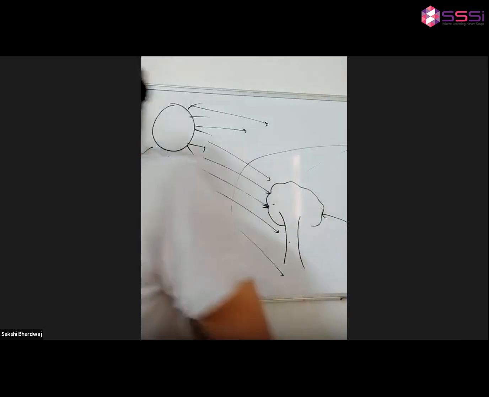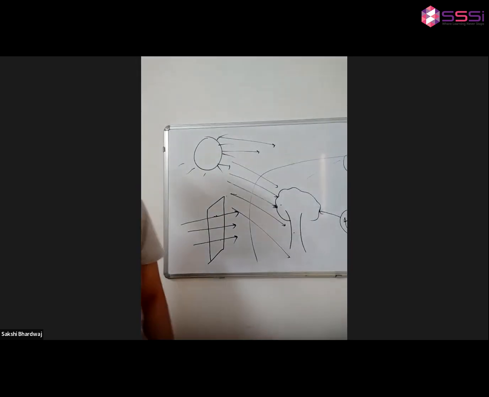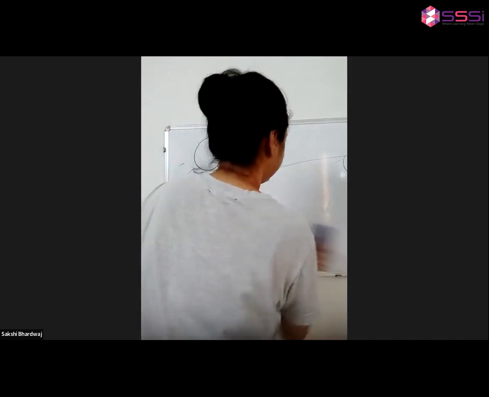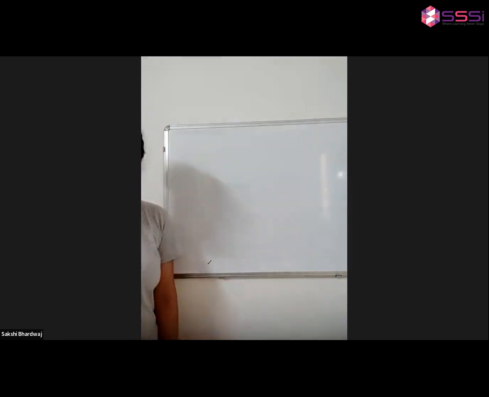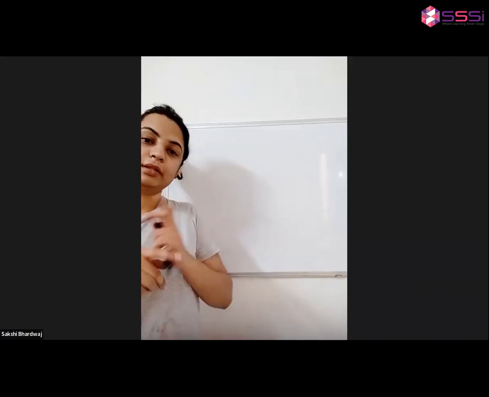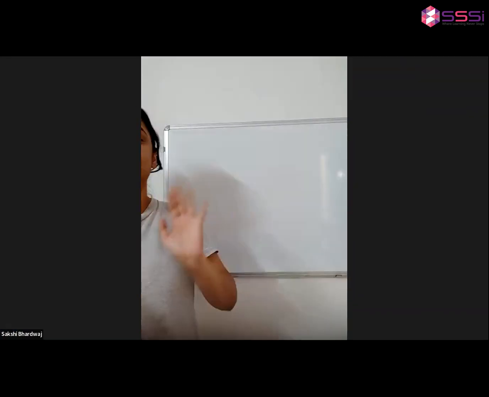We see only those things which reflect the light. Now you understand the term reflection. So pencils and erasers and all, a pencil is opaque. It reflects the light.